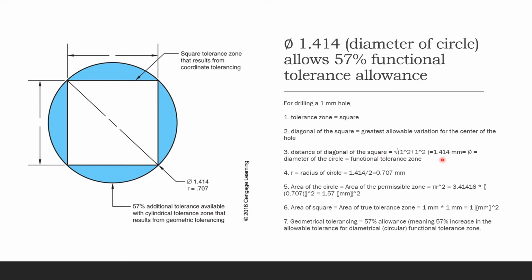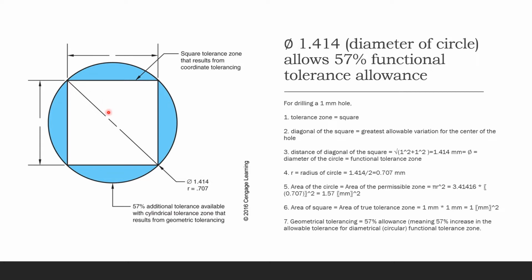You'll get 1.414 millimeter, and that's the diagonal of the square, which is actually the diameter of the circle. We call that the functional tolerance zone.